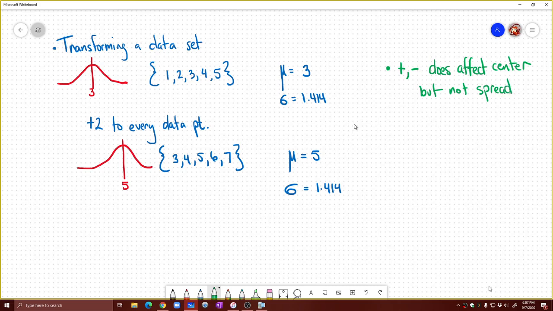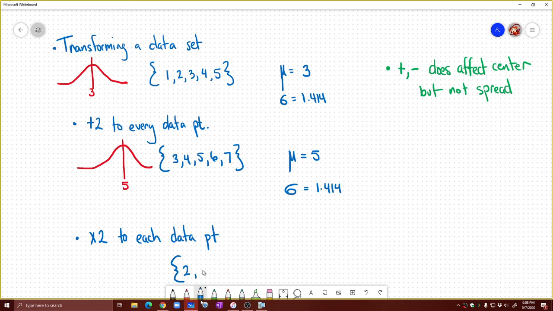Okay, now what if we said, and as a teacher I might decide, you know what, I'm not going to add 2 because it might be too small. I'm going to go ahead and I'm going to multiply everybody's score by 2. So what effect would that have on my data set? So again, since I have the original data set, I can actually apply that times 2 to every point up here.